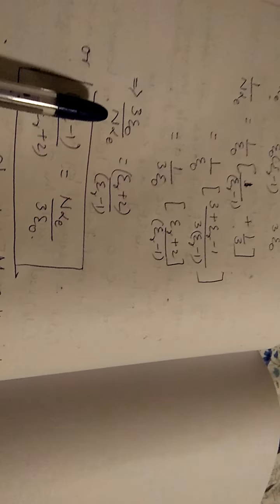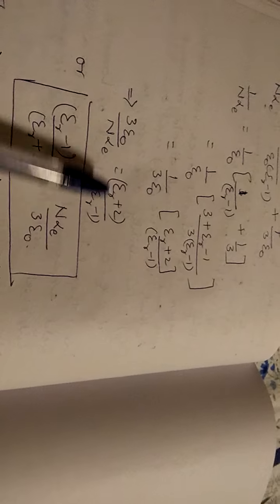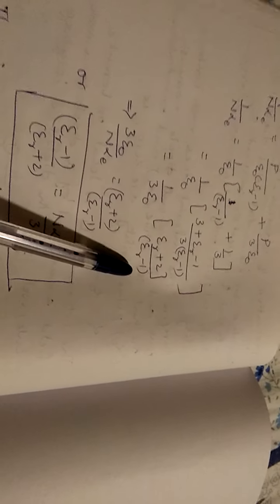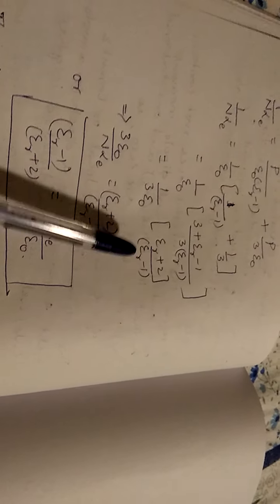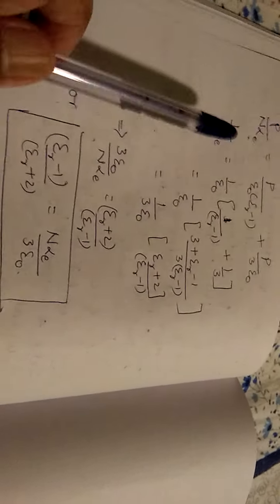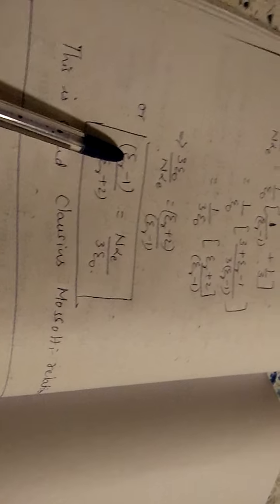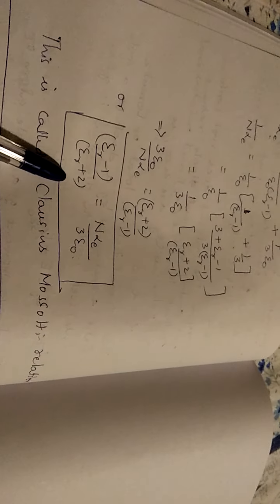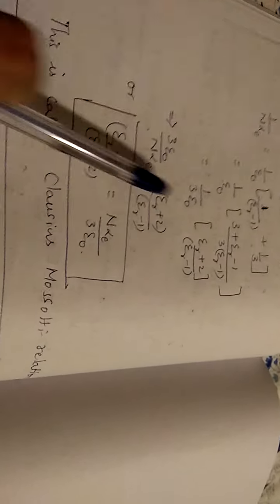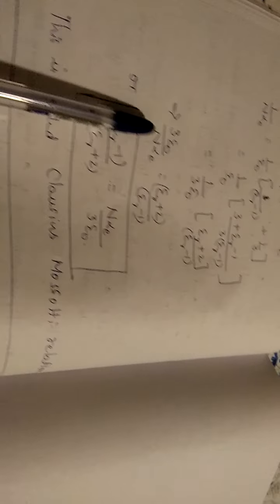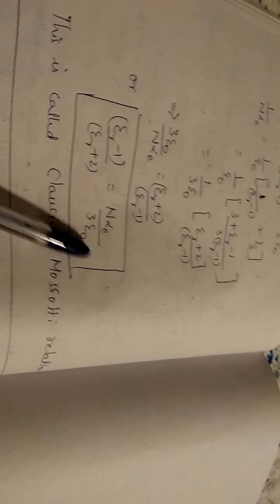By cross multiplying we can write 3 epsilon naught divided by n alpha E is equal to epsilon r plus 2 divided by epsilon r minus 1. By rearranging we can write epsilon r minus 1 divided by epsilon r plus 2, which becomes the numerator and denominator, and on the right hand side, n alpha E by 3 epsilon naught.